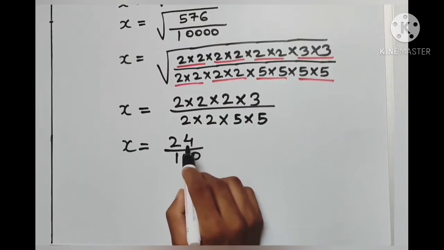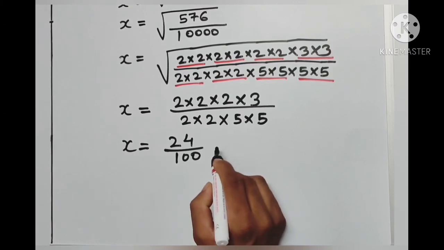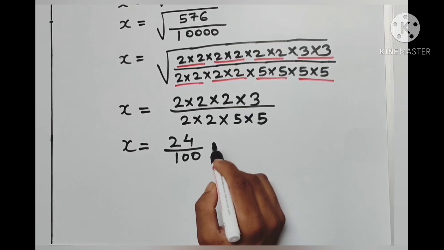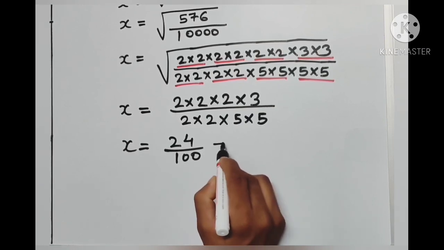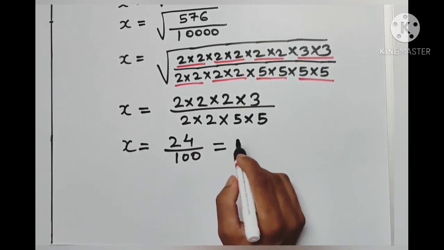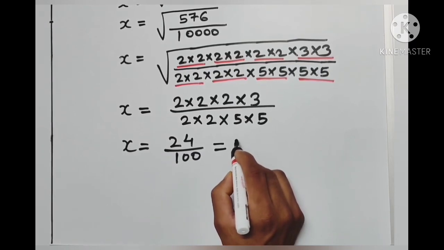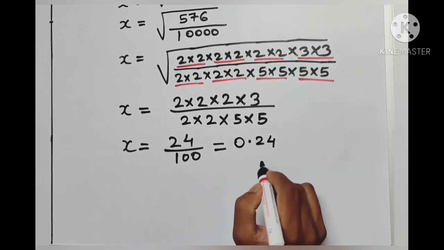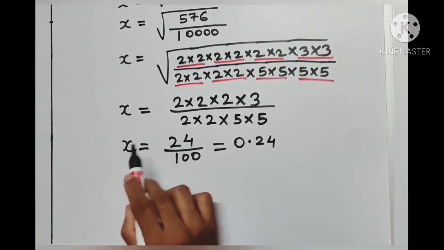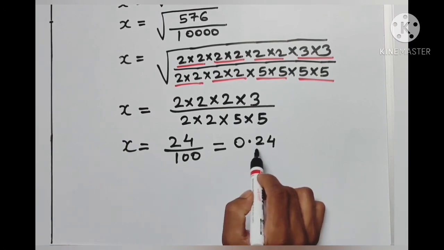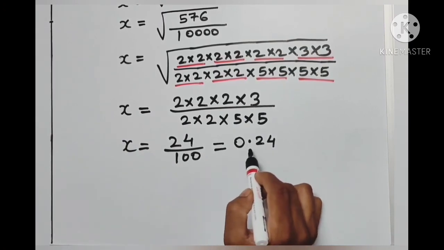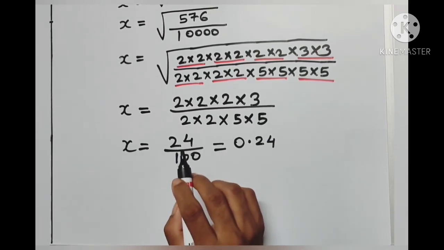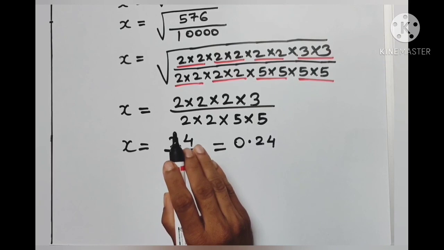Here we have got 24 by 100, and again we are going to convert this fractional number into a decimal number. If you change this fraction into a decimal, the result will be 0.24. Clear? So we have got the value of x, that is 0.24, and this is the mean proportion between the two numbers given in question number 2.